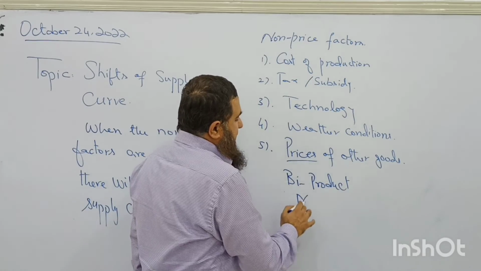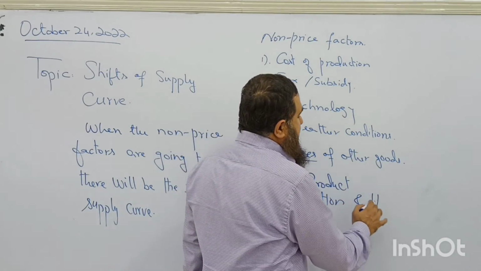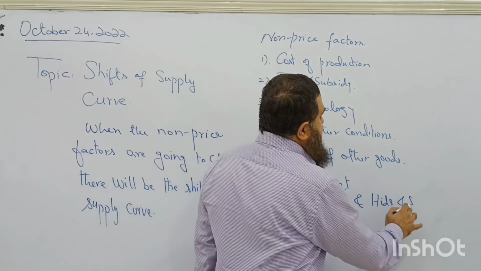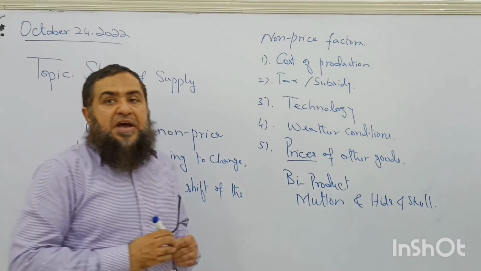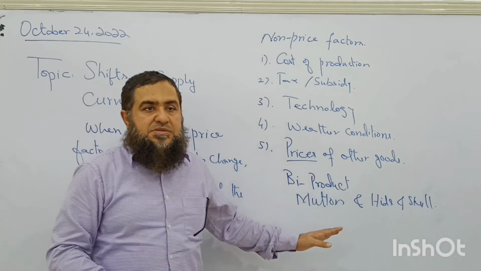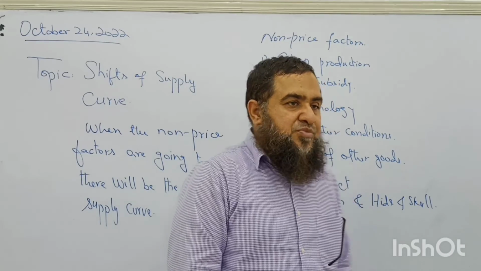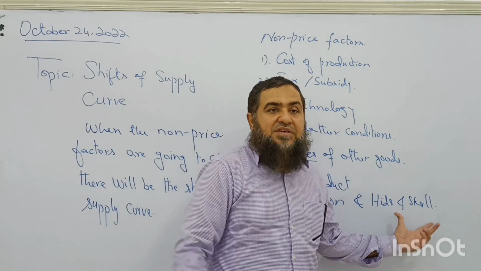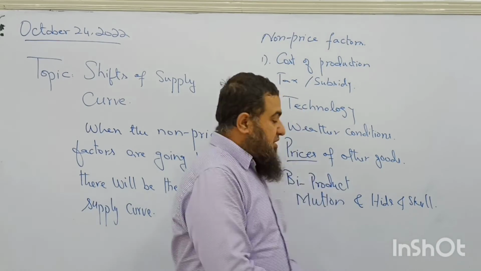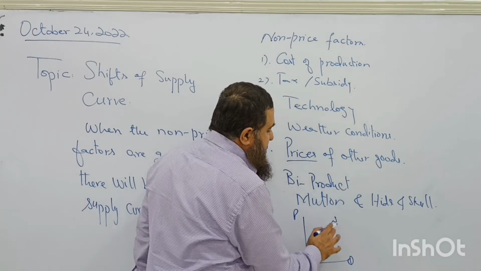Do you have an idea of mutton and hide and skull? What does it mean? When mutton demand increases, more sheep are slaughtered to produce mutton. So at the same time, supply of hide and skull will also increase in the market. This is the mutton demand, mutton supply.